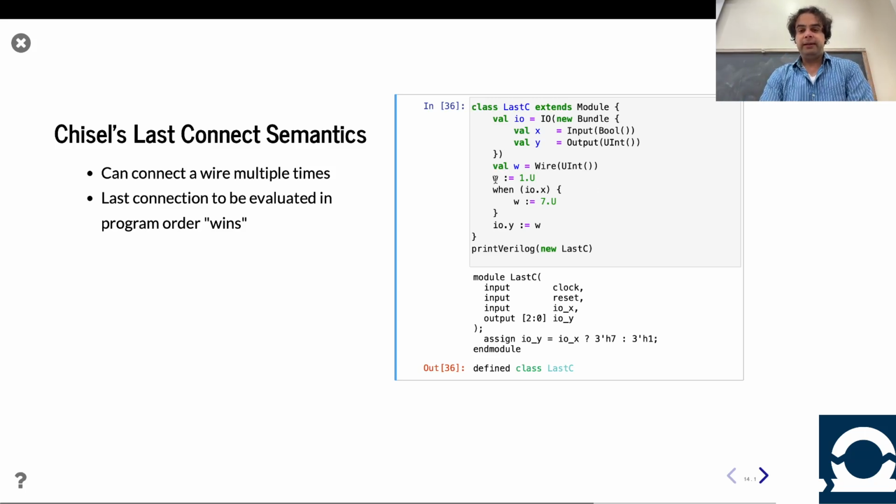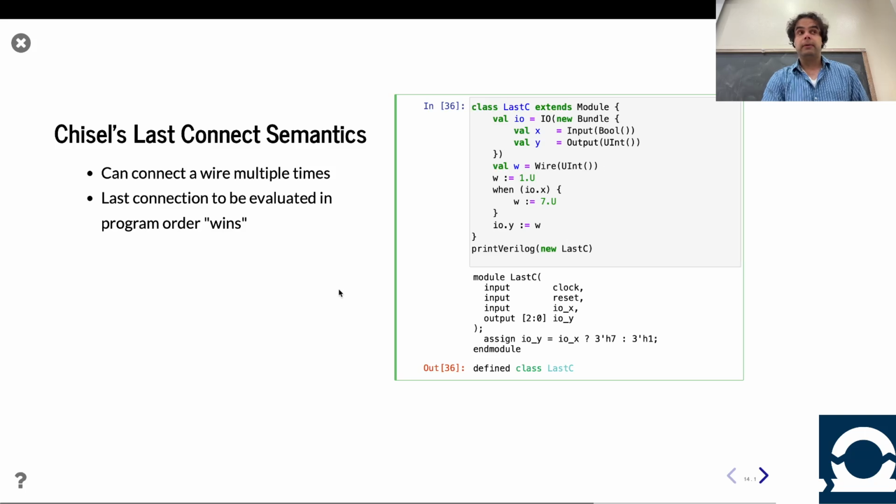And notice how, once again, W is a val the entire time all these things are happening. The val W is not changing. It's always pointing to the same chisel object wire. These connect statements are changing the internals of that wire. It's either pointing to the constant 1 or later on it's pointing to this mux construction here. Cool.